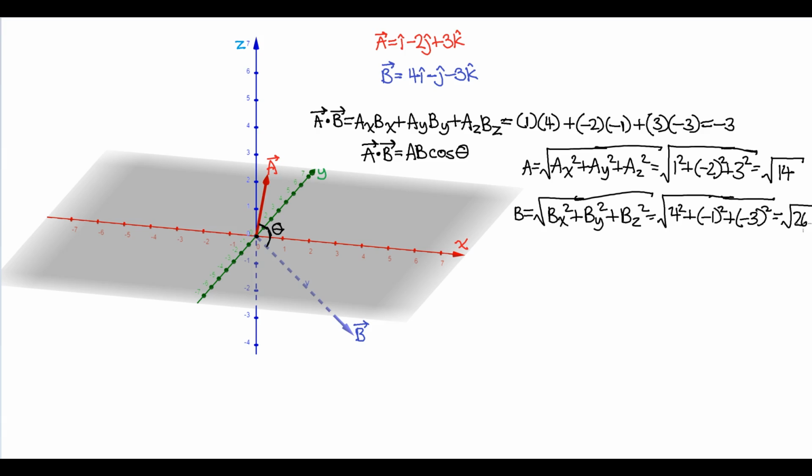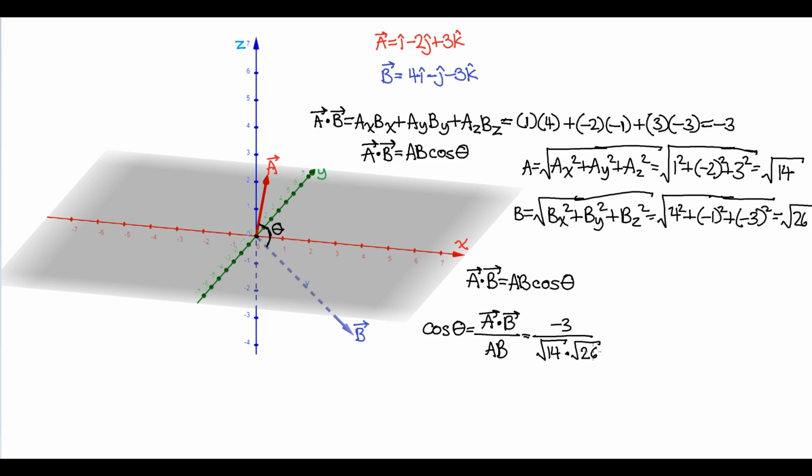So this simply becomes an equation that we need to solve. We're given that A dot B is equal to AB cosine theta, which means cosine theta is equal to A dot B over AB. That's equal to negative 3 over the square root of 14 times the square root of 26.